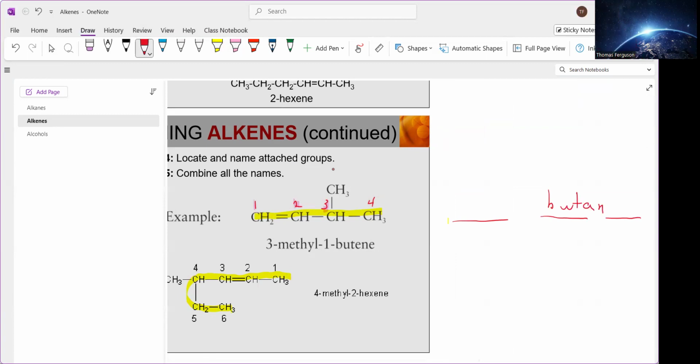And it's a double bond, so it's ene. Okay, we've got a branch at carbon number 3, so that's 3-methyl. And where's the double bond? The double bond starts on carbon number 1. So that's 3-methyl, 1-butene. All right. Always 3 parts. The branching is optional.